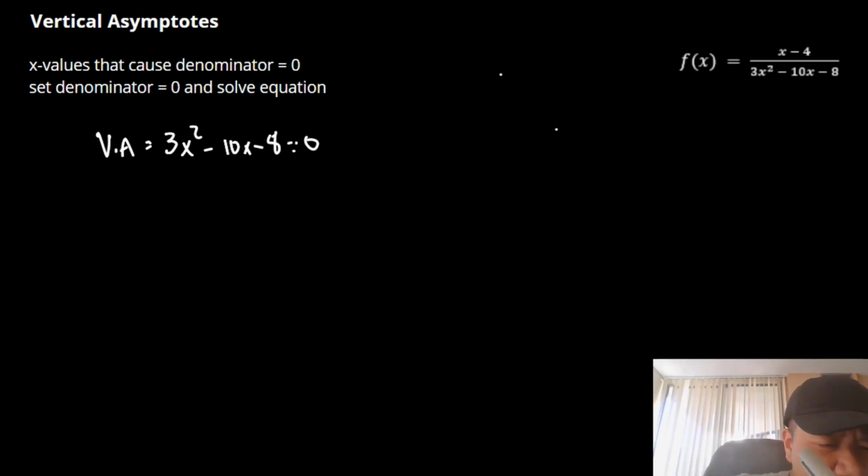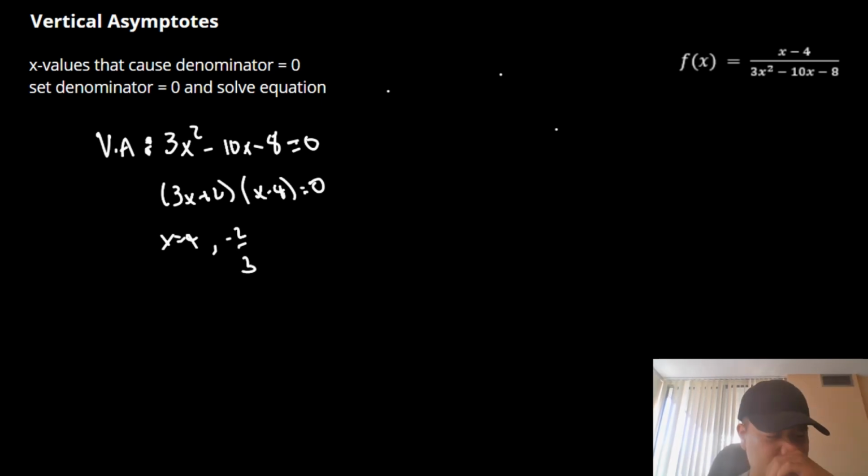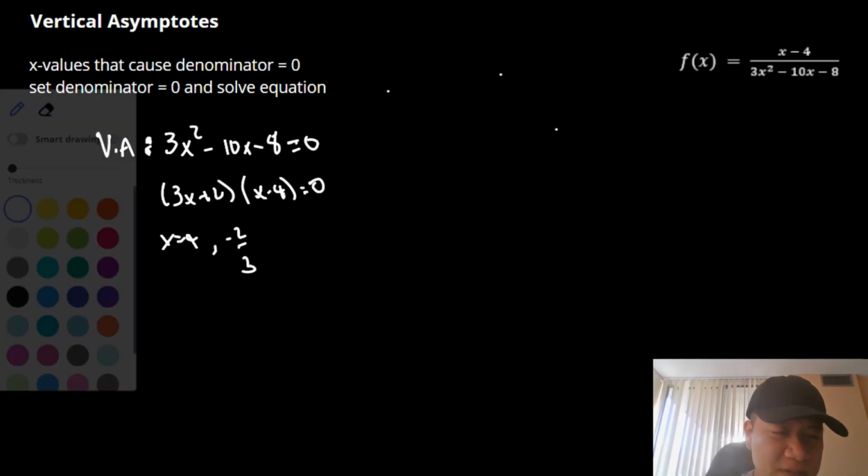And then when we factor this, we get 3x plus 2, x minus 4.